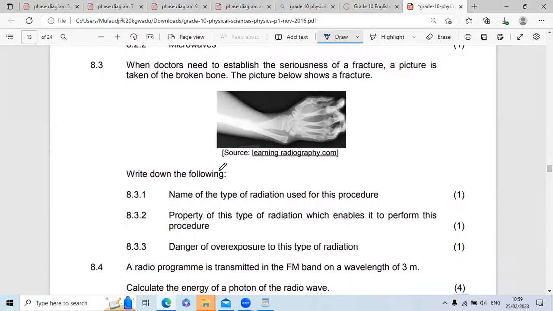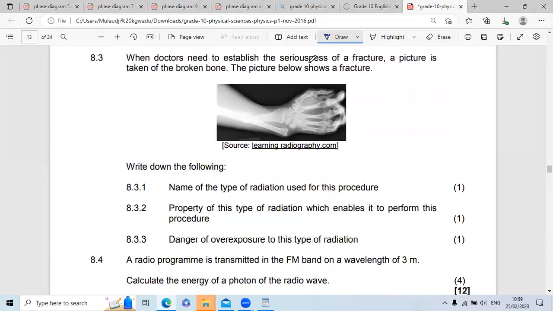Then they say when a doctor needs to establish the seriousness of a fracture, a picture is taken of the broken bone. The picture below shows the fracture. And they say name the type of radiation that's used to take this type of picture.